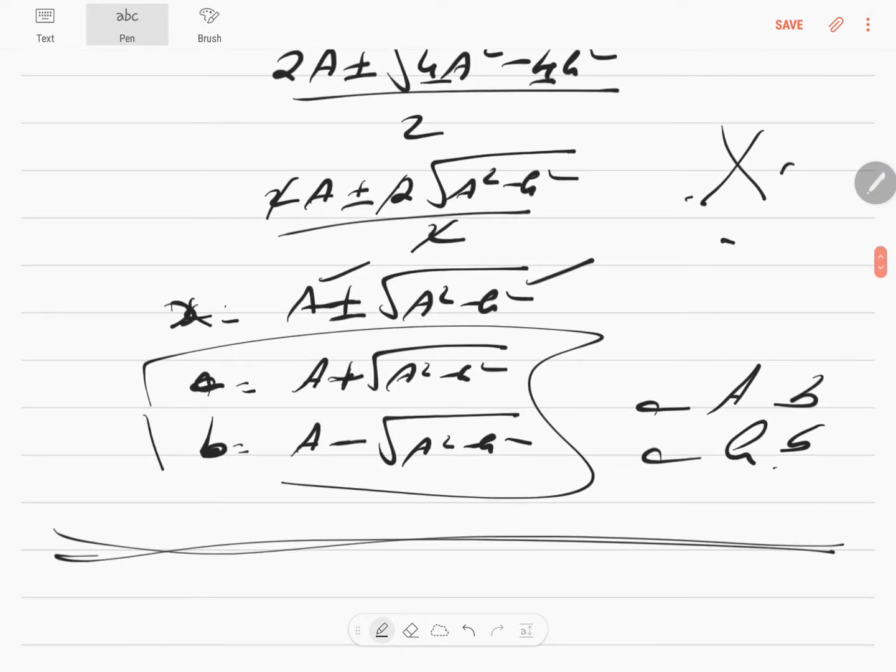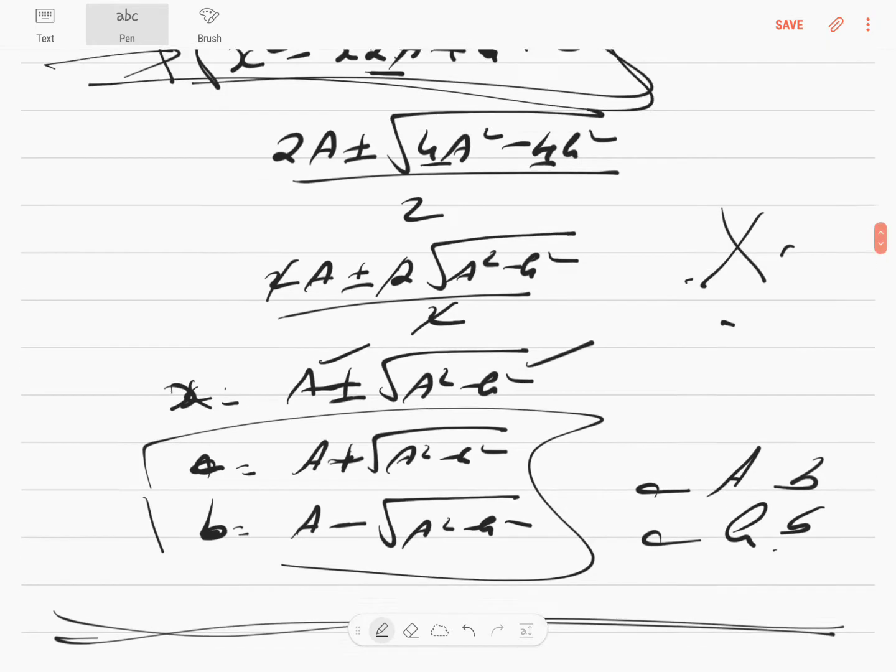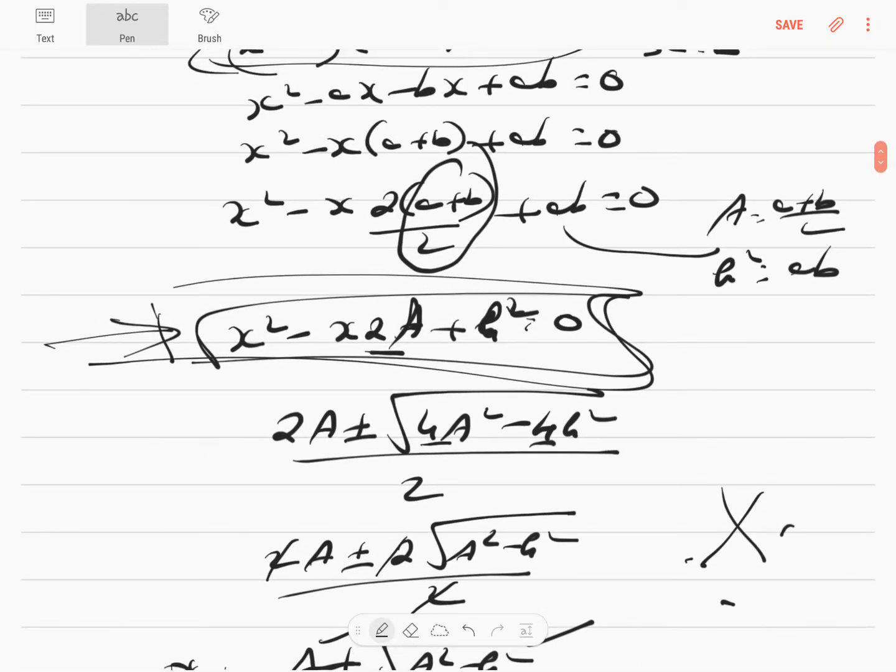Let small a and small b be the two numbers. Capital A is the arithmetic mean and capital G is the geometric mean. To find a relationship between the arithmetic mean and geometric mean, assume that small a and small b are the roots of an equation (x minus a) into (x minus b) is equal to 0. x square minus ax minus bx plus ab is equal to 0. x square minus x into (a plus b) plus ab is equal to 0.